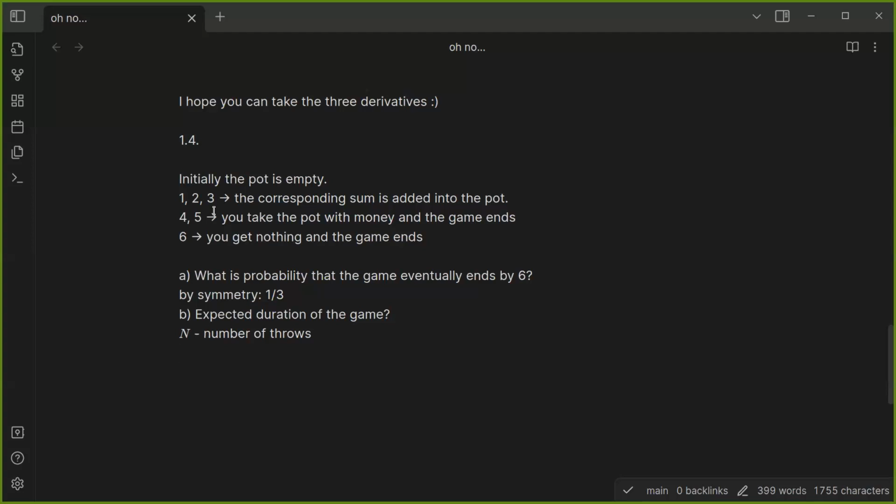Okay, let's calculate the expected value of n. Let's denote it by small a. And hence, let's write the first step equation. What is a? With probability 3/6, the game ends after the first step.